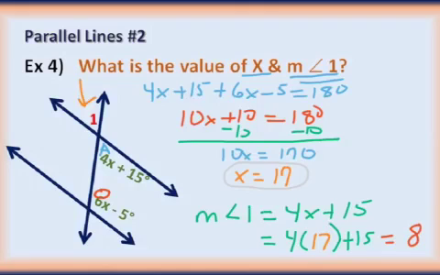So the measure of angle 1 is 83 degrees. So again, we have our two answers. The value of x is 17. The measure of angle 1 is 83 degrees.